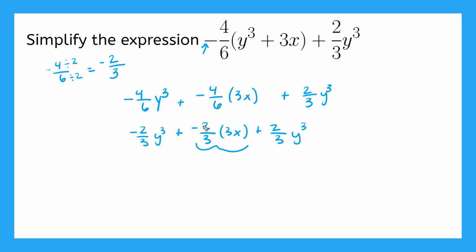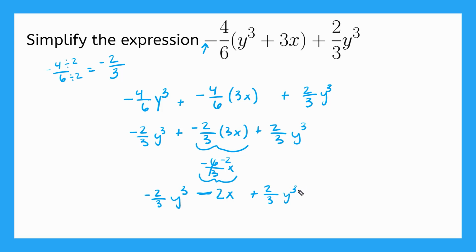We multiply across the top, so negative 6/3 times x, and we can simplify this fraction to a negative 2. So our second term here is going to be negative 2x. Then over here, our first term is negative 2/3 y cubed. We can make this just a big minus sign: minus 2x plus 2/3 times y cubed.